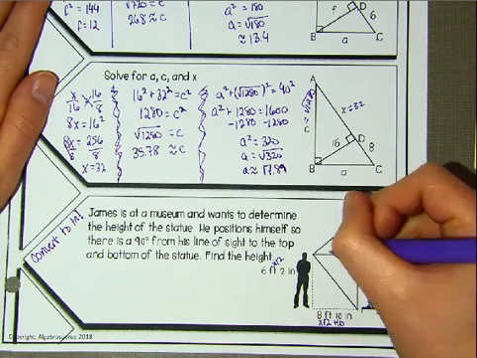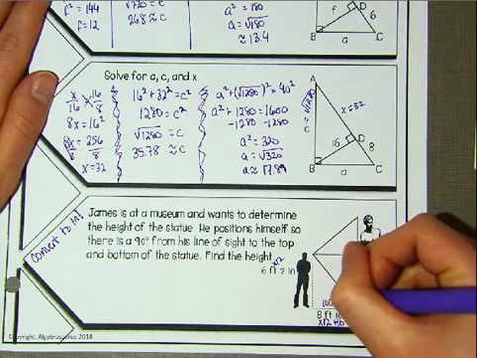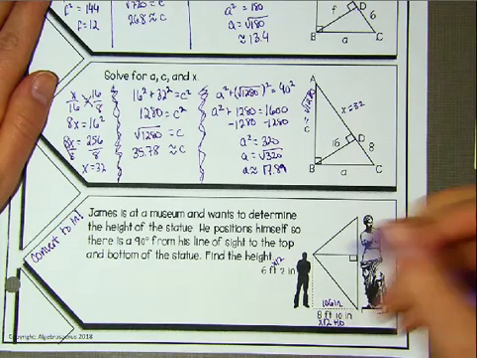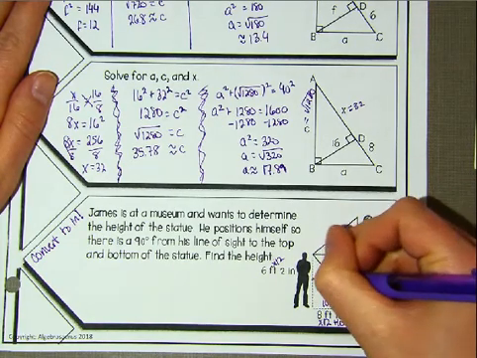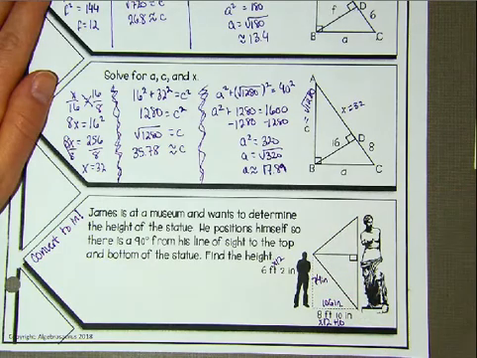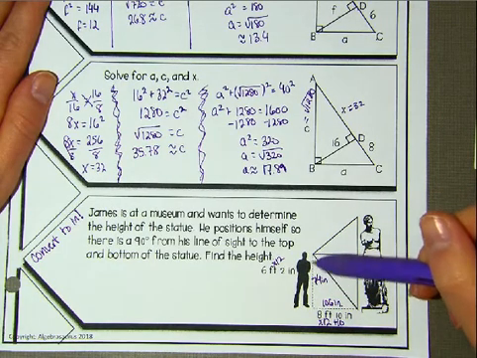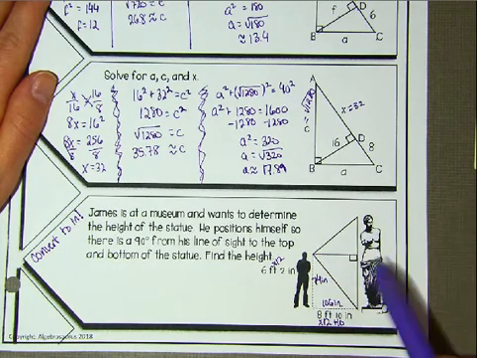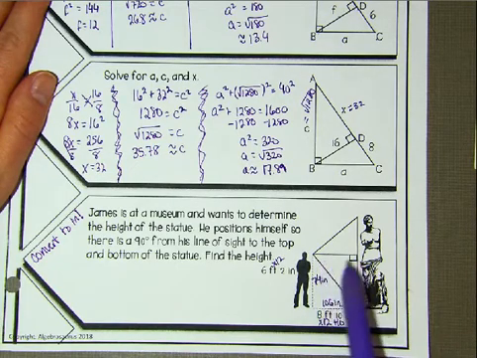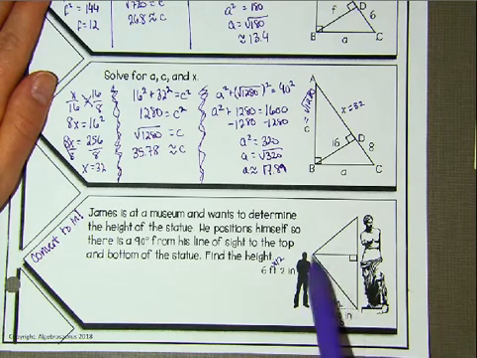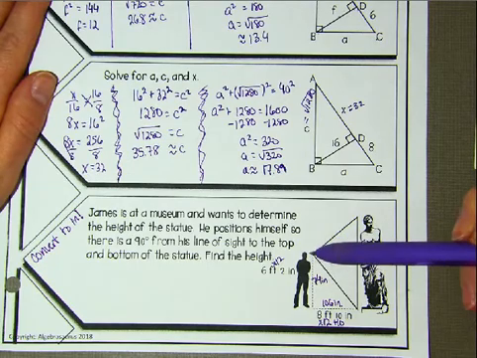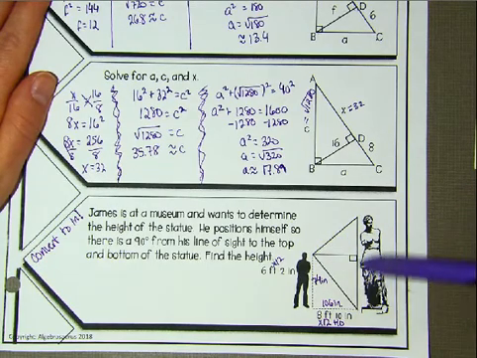So when I do that, this is going to be 74 inches, and this is going to be 106 inches. And this shape here is a rectangle, so we know his line of sight is 106 inches long, and the height over here is 74 inches.